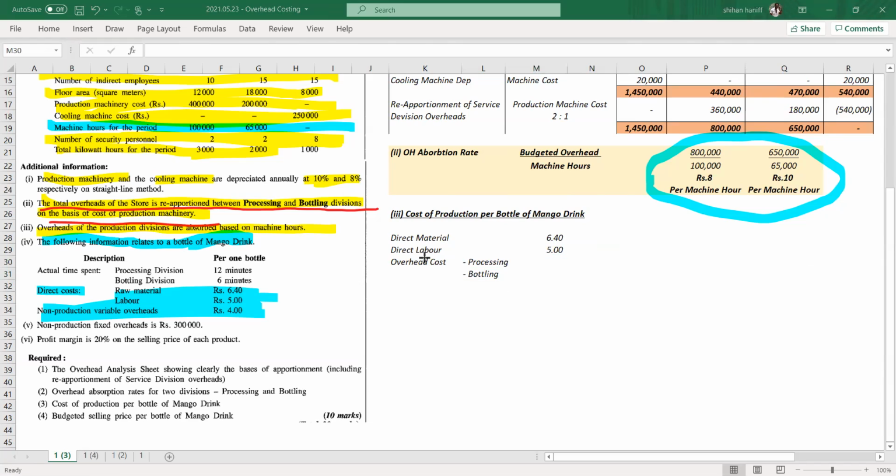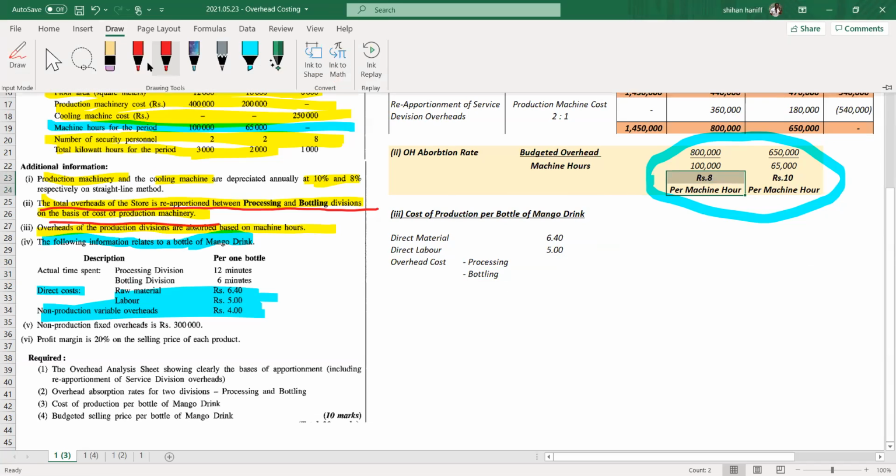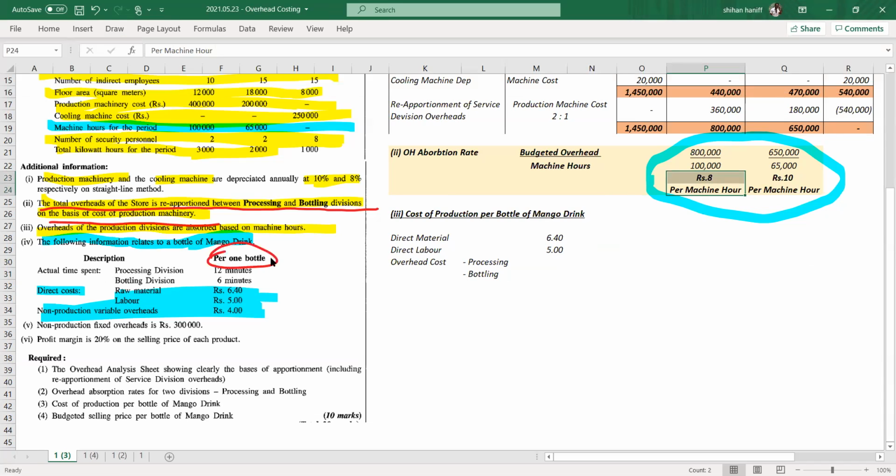Overhead absorption for processing department. Now, processing department 8 rupees per machine hour. Then for each bottle, from the processing department 12 minutes will be used. From the bottling department 6 minutes will be used. Right?